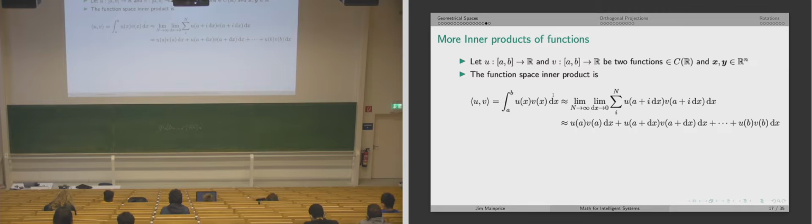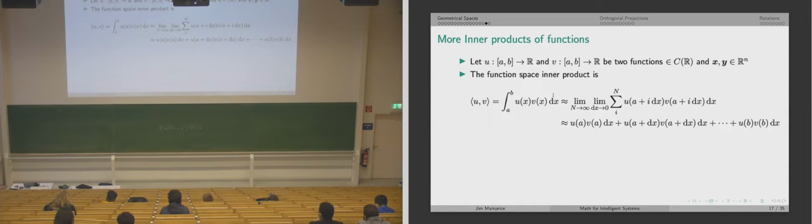Pay attention to the structure of this integral when we decompose it as a sum. It's the sum of individual terms, which are x(a)v(a), plus x(a+dx)v(a+dx), that's another term, and so on up to b.